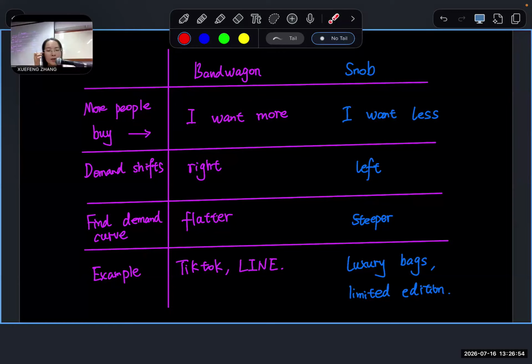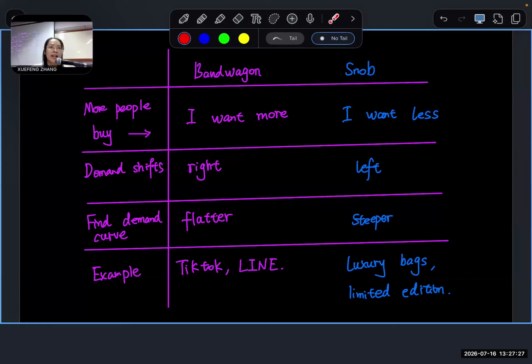Can you think of a product that started as a snob good, which is exclusive and niche, but became a bandwagon good once it went mainstream? What changed? Any idea about one product? Before it was a snob good, it's exclusive, but later it changed to be a bandwagon good.